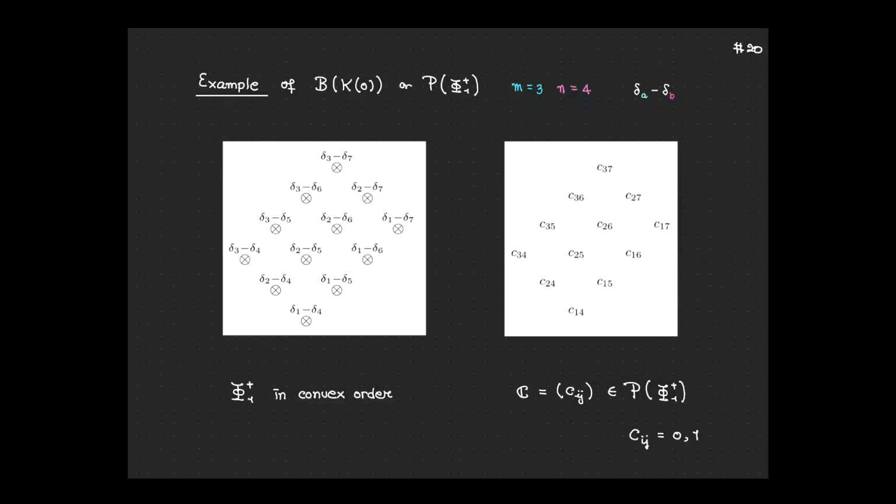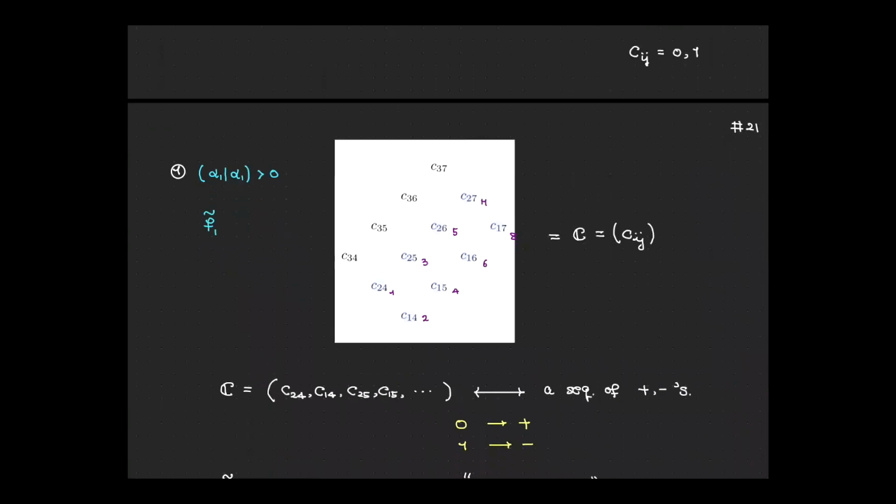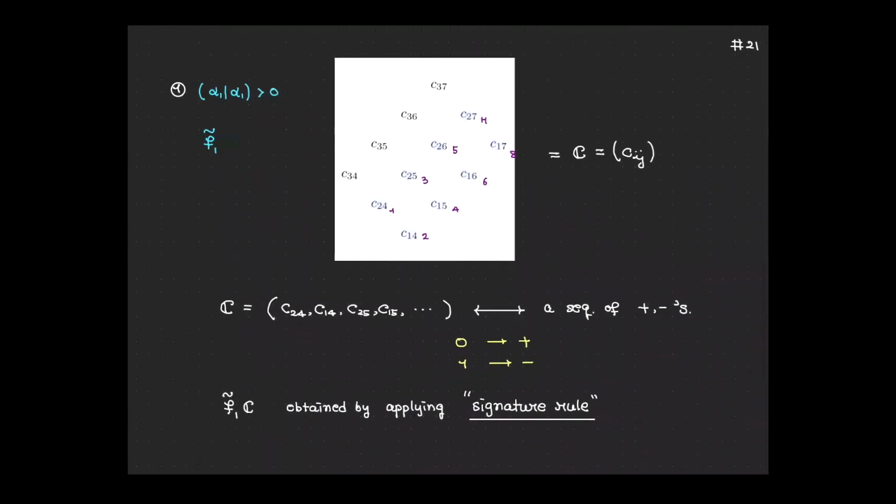Let us consider how to compute the crystal operators. First consider F_1 tilde, whose norm square is positive. Suppose the crystal element is given.